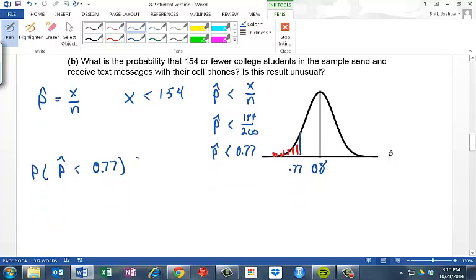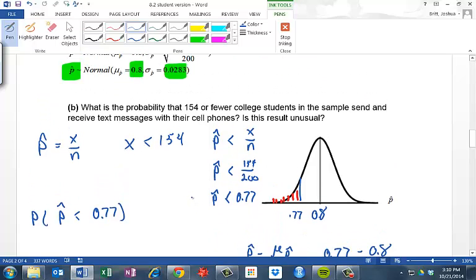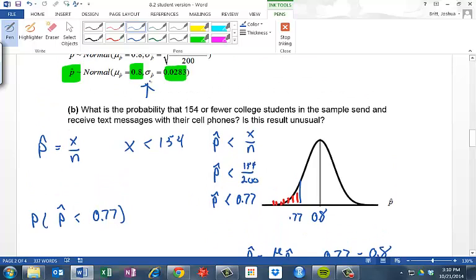Now we have to convert P hat into Z. So Z equals P hat minus the mean over the standard deviation. So P hat minus 0.8 divided by sigma P hat. Remember, sigma P hat is here.